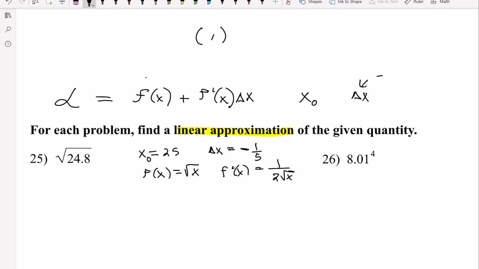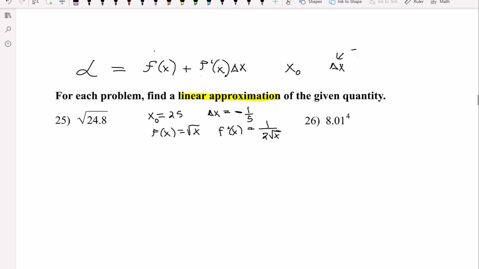Remember, x to the 1/2, bring the 1/2 in front, and then 1/2 minus 1 is negative 1/2. So 1 over 2 and x to the negative 1/2 means you'd bring that down here like that. Just to refresh the brain on that derivative and how I got that.